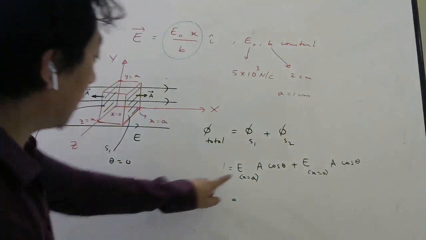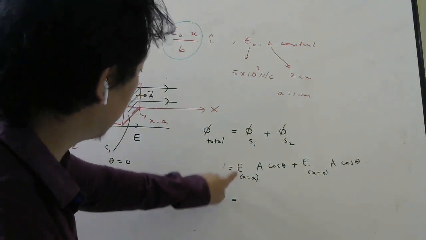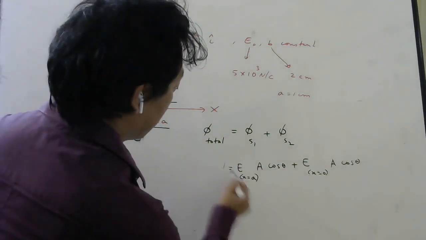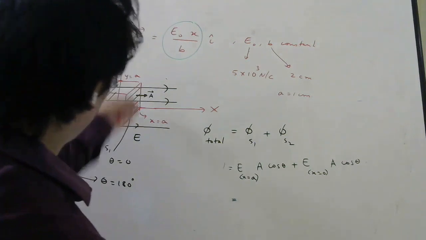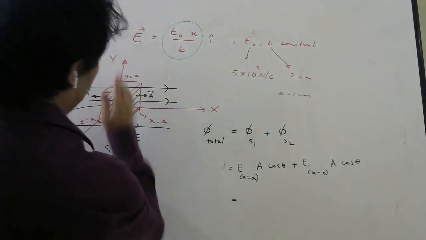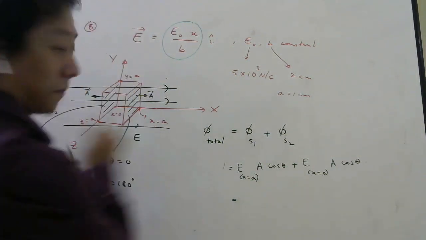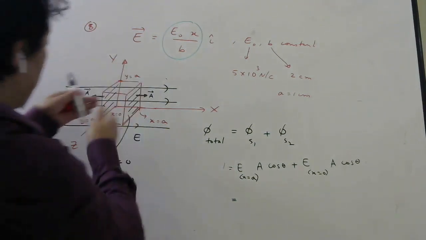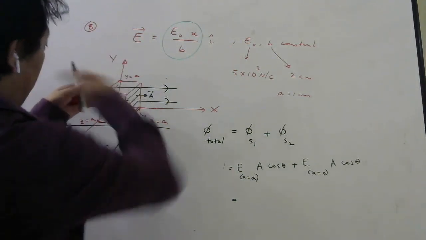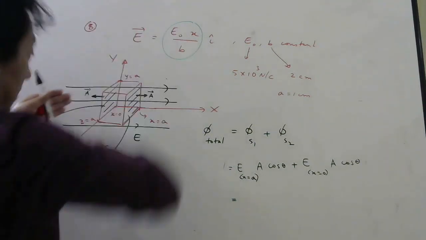Now what will be the electric field? This is the flux through which surface again? This is the flux through S1. S1 is this surface. And for this surface, what is the x coordinate? a, they told. This cube is made up of six surfaces.